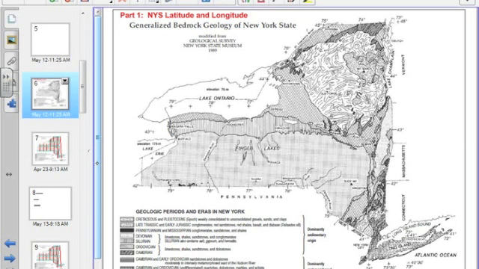So, some basics on latitude and longitude. Now remember, latitude lines are those imaginary lines that run east to west, but they measure north or south of the equator. Okay. For us on this New York State map, all of our latitude values are those that are in the 40 some odd degree marks.